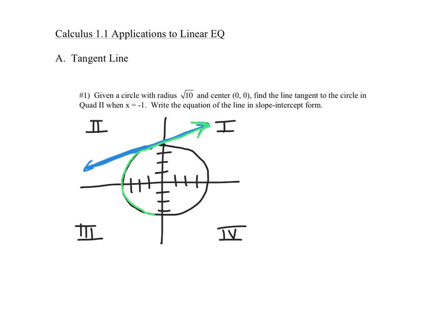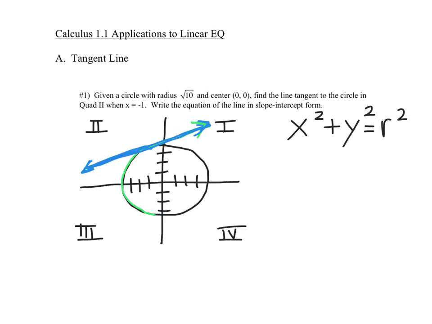Okay, so now let's go ahead. We have to find the equation of that blue line right there. To find the equation of that line, we need a point and we need a slope. So first of all, let's write the equation of this circle. The circle's centered at the origin, and circles are x squared plus y squared equals r squared. Do you remember that?